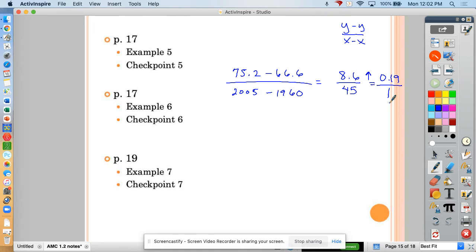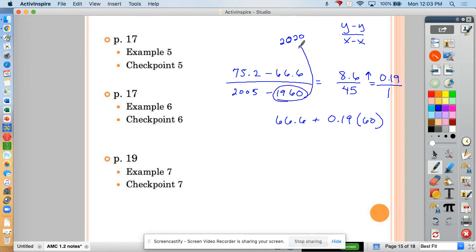And then the B question says, what would it be if we were looking at the year 2020? So I can use this information and write it in slope-intercept form. I would say, well, I started at 66.6, and every year I add 0.19, and I'm going to add it until the year 2020. 2020 is 60 years after 1960.